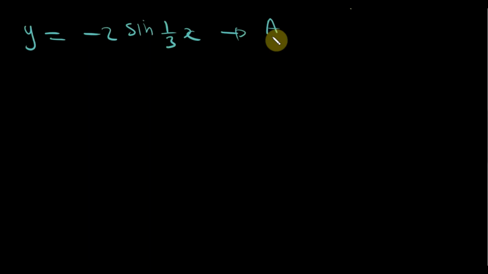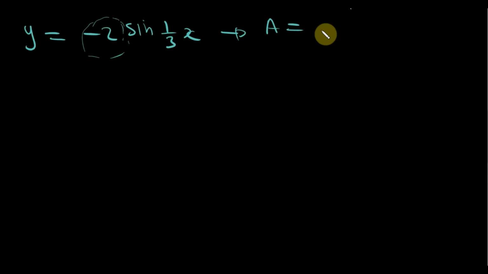So let's say you're given the function y equals minus 2 sine 1 over 3x, and you are required to find the amplitude. In this case, the amplitude is always the number in front of the trig function, and we take the positive of that number.